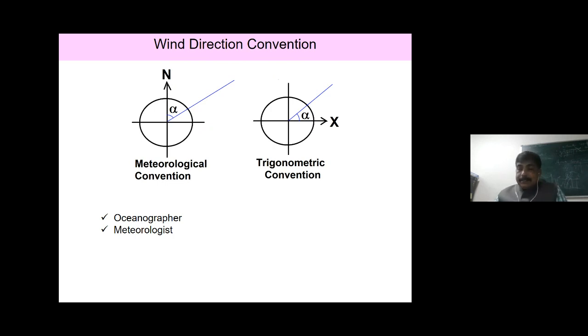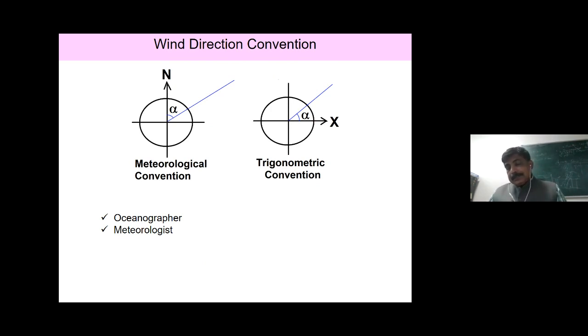Now let us see what is their interest. A meteorologist is standing in an industrial area, and what is his interest? He wants to find fresh air. That's a meteorologist's interest. He wants fresh, clean air.